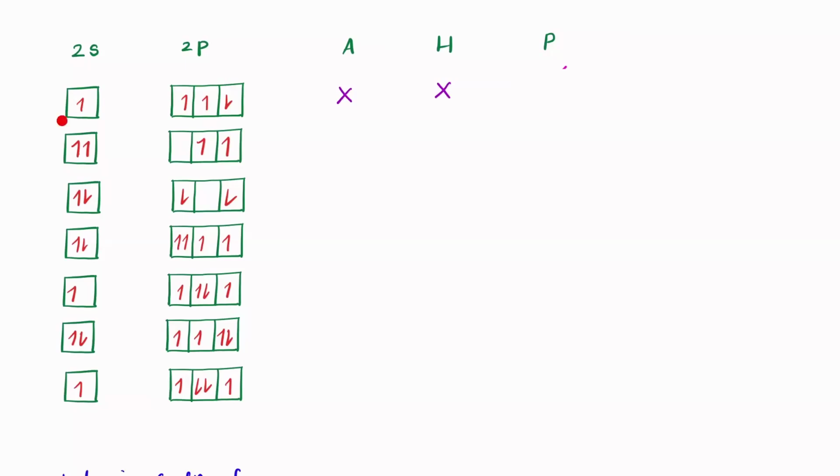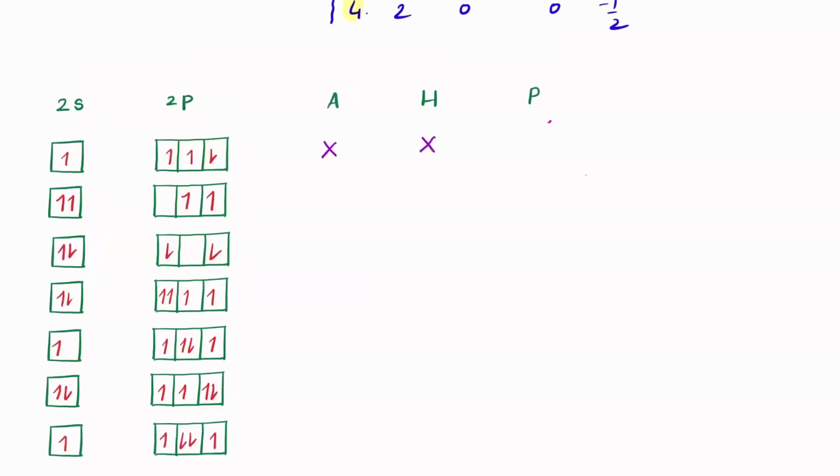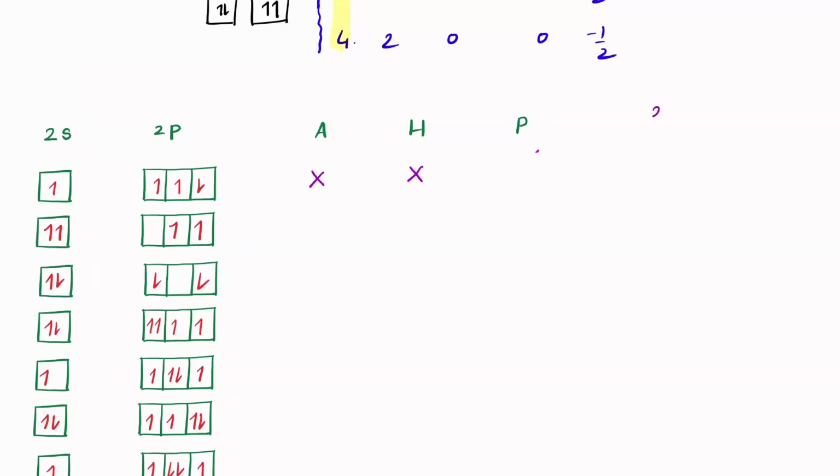See, for example, 2s will have 2, 0, 0, maybe plus half. This is the quantum set for the first electron here. Now check out the second electron here. This one could be 2, 1, minus 1 and plus half. Correct? Now check out the third one.